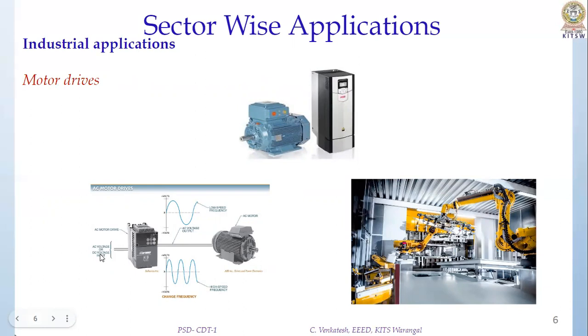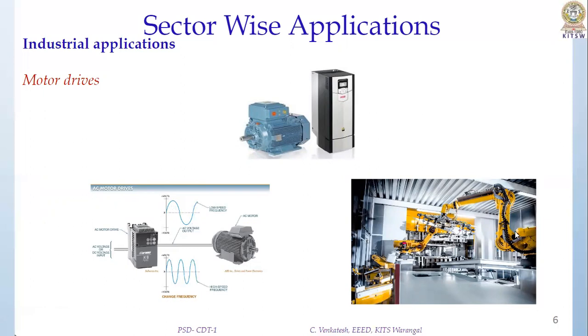Let us say AC or DC input is given and AC output is obtained, which is connected to the AC motor. Now if the motor is expecting a 50 hertz waveform, or high frequency depending on its speed, the controller should be able to process the input and give the desired output to the motor. That is the purpose of the drive or the total system.